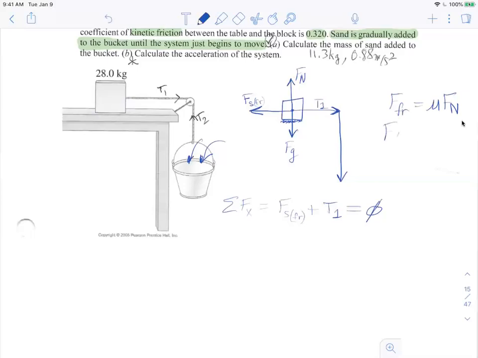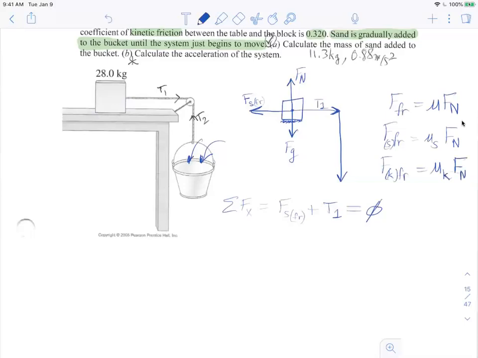But that means two things. Force of static friction is equal to, you just need the static coefficient with the normal force. For force of kinetic friction, you just need, and this is just my convention, you don't have to write it the same way, the kinetic coefficient.